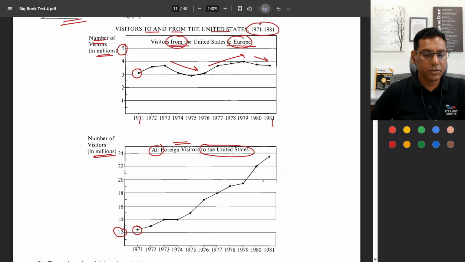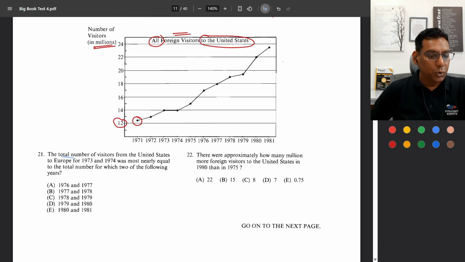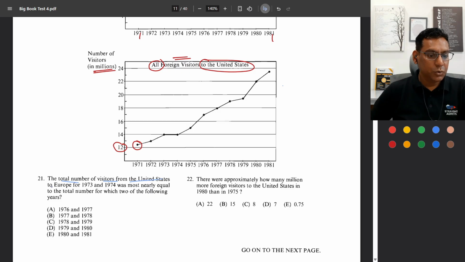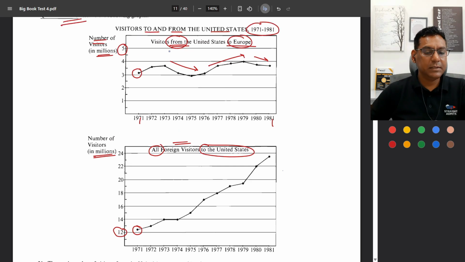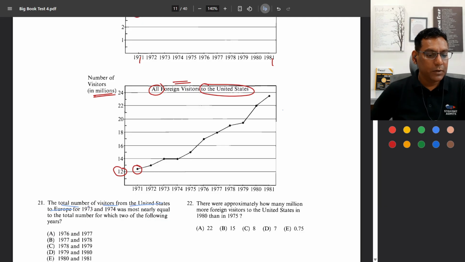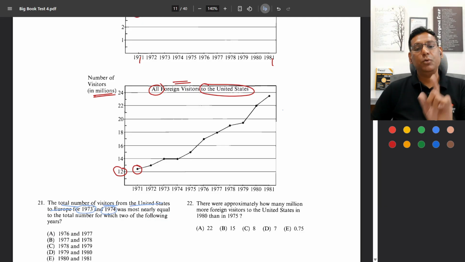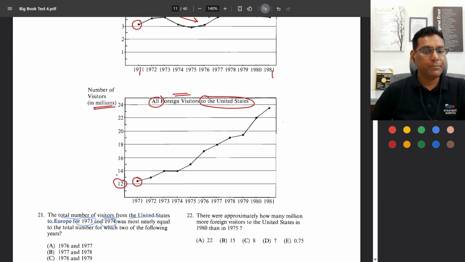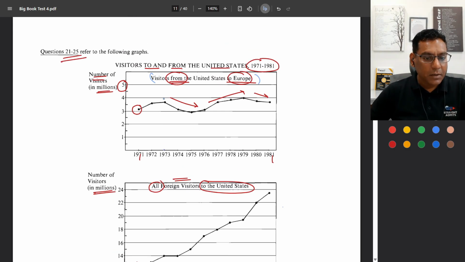Let's look at the questions. The total number of visitors from the US to Europe. So that is this graph from US to Europe. Total visitors from US to Europe for 73 and 74. So I need to get the 73 number and the 74 number. What would that number be? That's going to be this plus this.